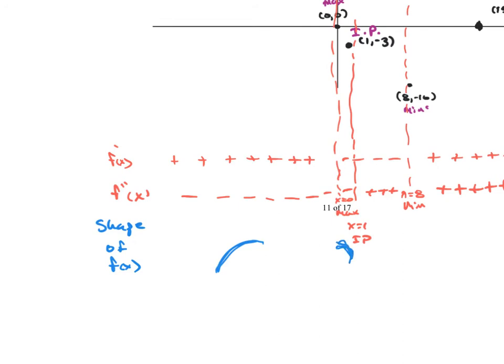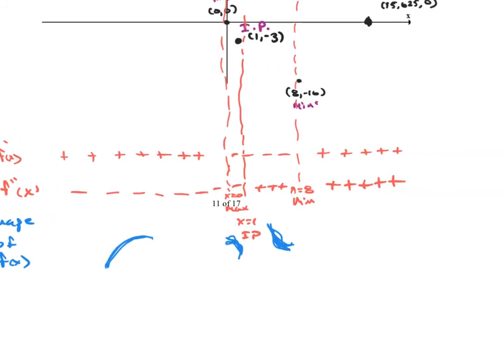Third one, my second derivative is positive, so now I have to be a smiley face. First derivative is negative, so I have to be decreasing, so that's going to be the left half of a smiley face. Okay, fourth interval, second derivative is positive, so I have to be concave up, a smiley face. First derivative is positive, so I have to be increasing, so that's going to give me the right half of a smiley face.